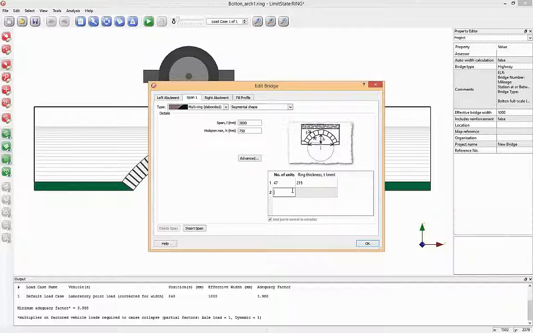At the moment you can see that I've got 47 units in the arch barrel, which corresponds to the number of bricks in my arch, and I've got a ring thickness of 215. I'm going to change that to a ring thickness of 107.5, but I'm going to put a second ring. So instead of having one ring of 215, I'm going to have two rings of 107.5.